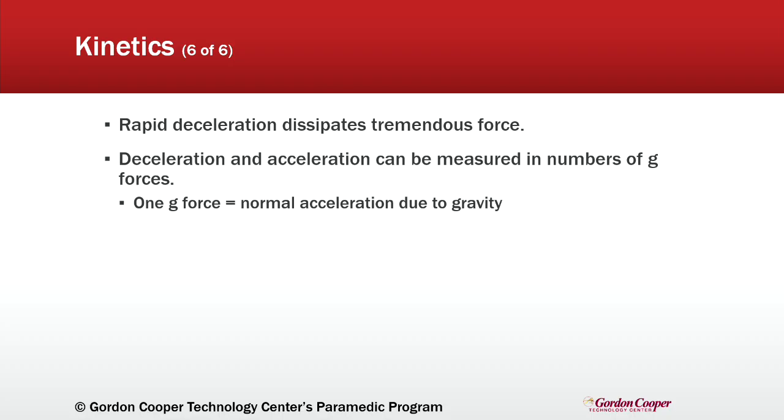So when somebody says they took a turn in a jet and it was 6 g's, that is 6 times the force of gravity pulling on them, either pushing them one direction or pulling them another direction. 2 to 3 g's represent the force of 2 or 3 times greater than gravity. The human body can generally tolerate up to 30 g's of deceleration.